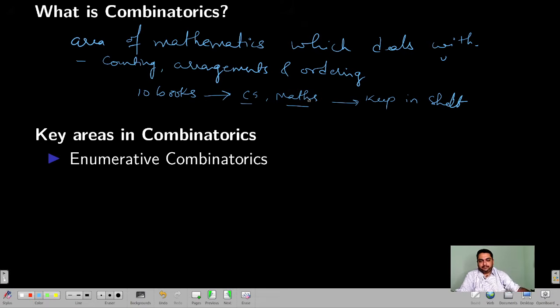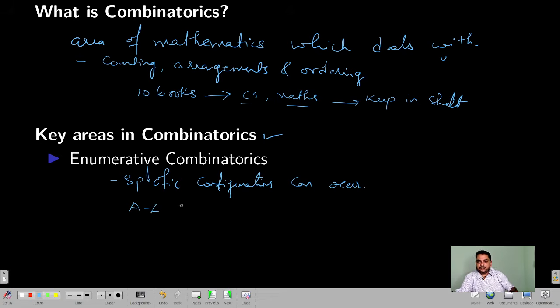Now we'll see what are the key areas in combinatorics, where this combinatorics is applied. First one is enumerative combinatorics. This basically deals with the ways in which a specific configuration can occur. What I mean to say is, let us say I have taken A to Z letters in English, all uppercase.